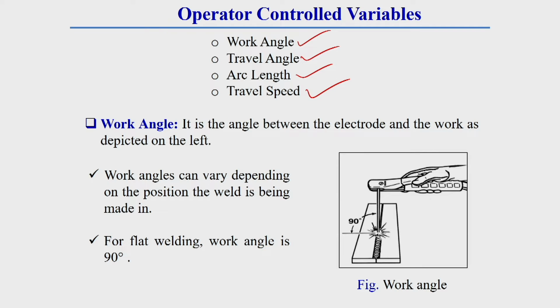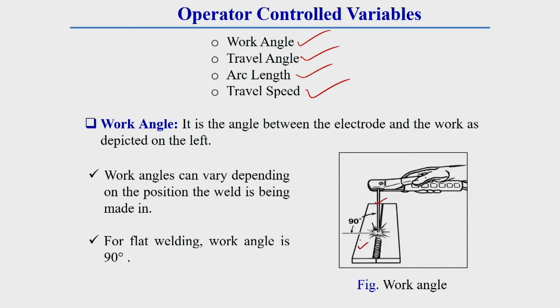I will discuss these subsequently and explain each in detail. So, first of all, work angle. Here you see, work angle is the angle between the electrode and the work, depicted on the left. You see this is the work depicted on the left; it is the angle between this electrode and this work.